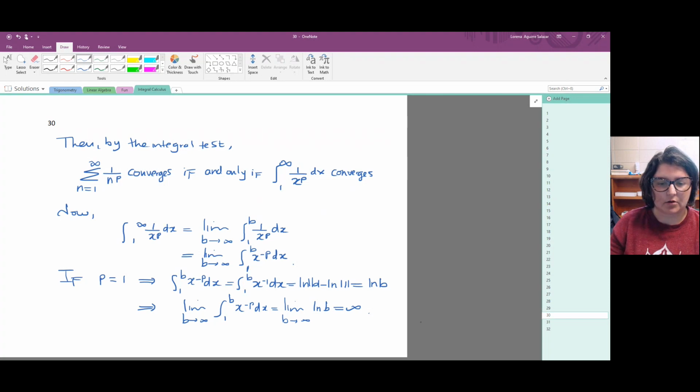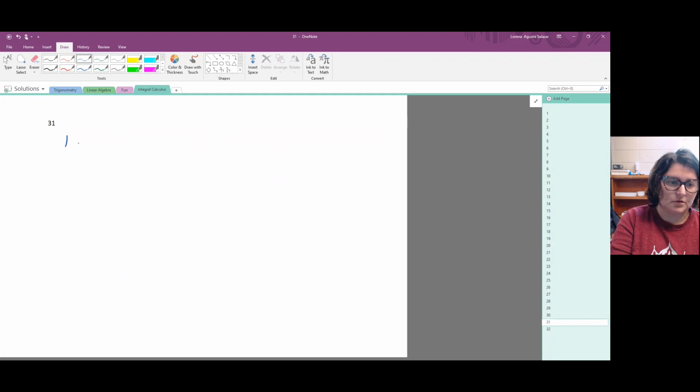So we have that the integral diverges for p equals 1.